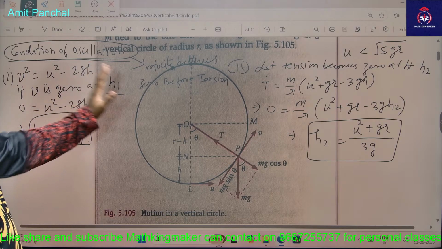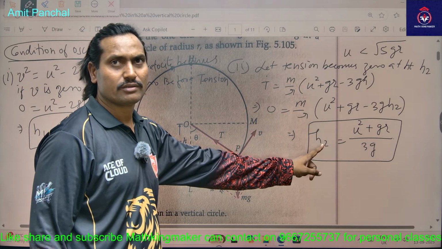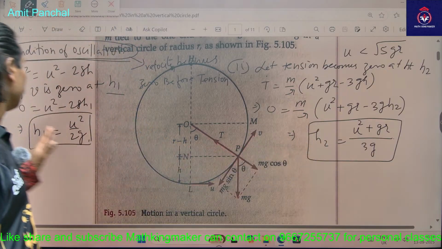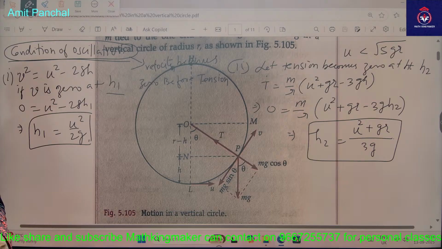That means you will achieve more height, so H2 will be more than H1. H1 is the height at which velocity becomes 0.